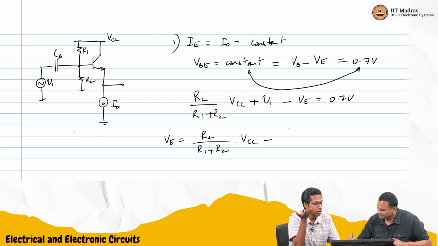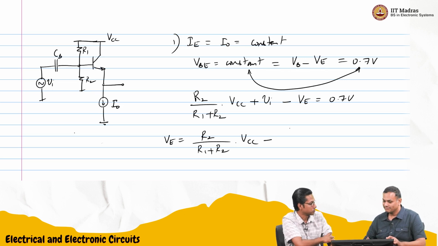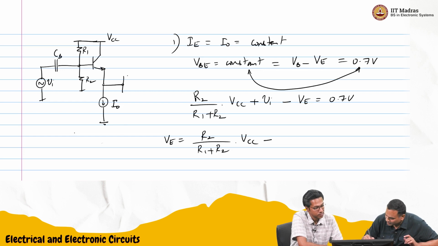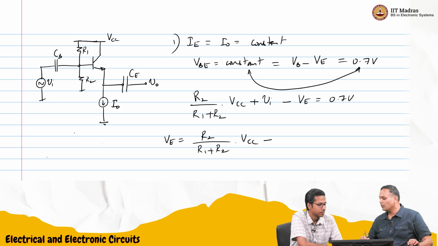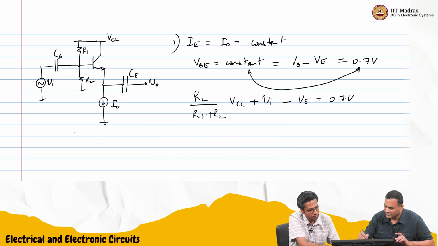In fact, we can forget the DC terms. We are only interested in the AC. We are interested only in small VO.